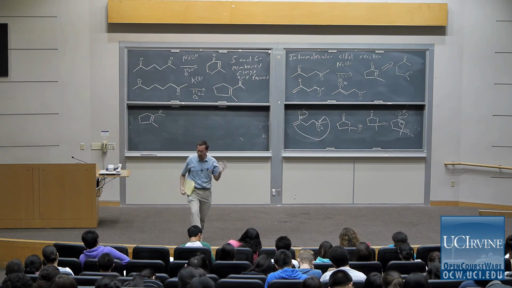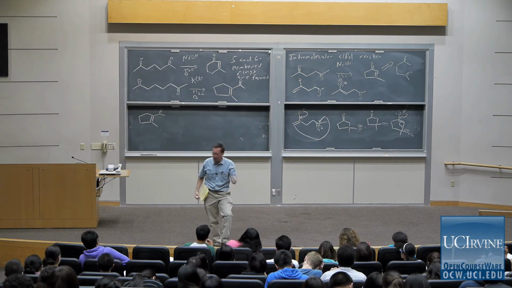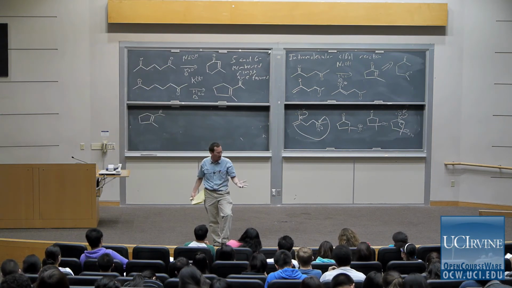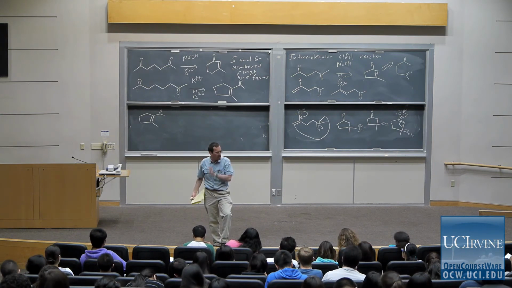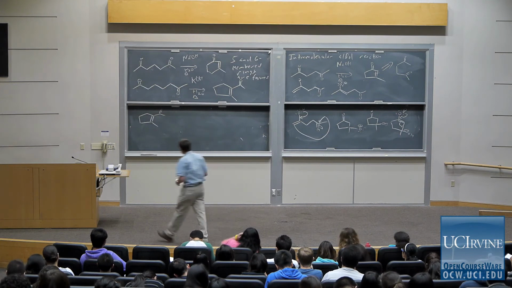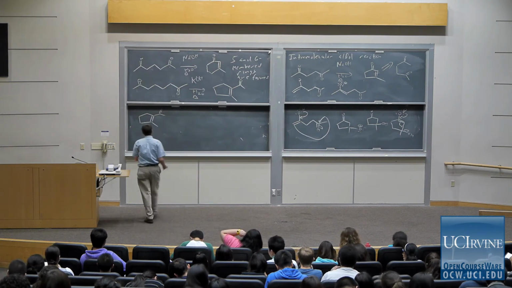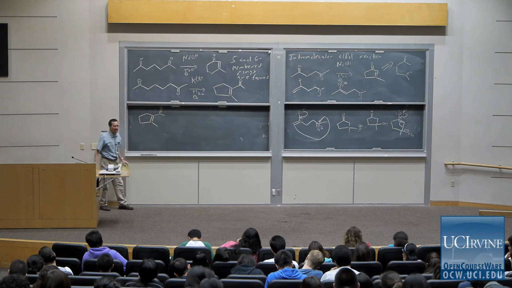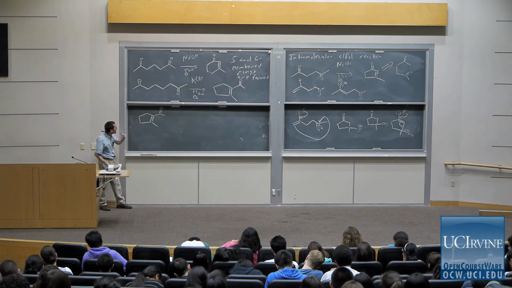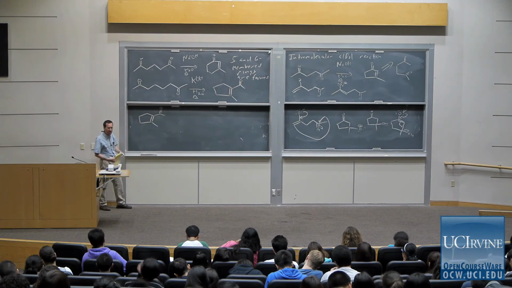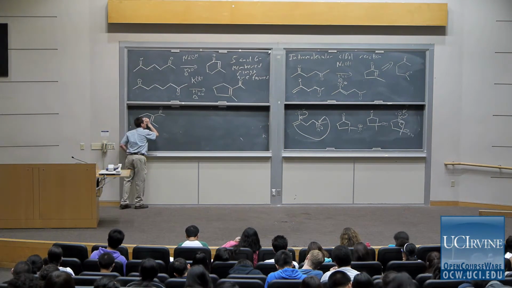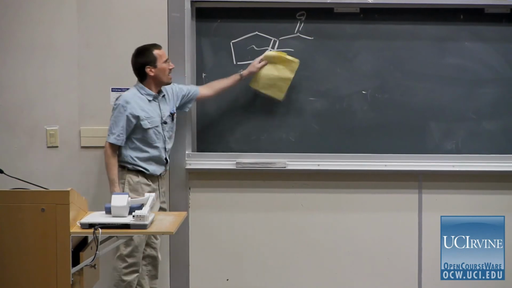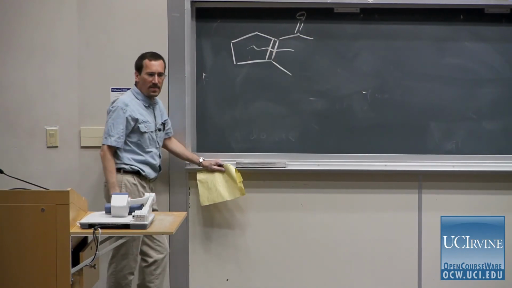And then I get this problem on a test or an exam or a quiz or a homework, and I look at it, and how do you see it in the other direction? So in other words, if you're asked how to synthesize this molecule from something that's less complicated, that doesn't have a ring, you say, oh, wait a second, it's an alpha-beta unsaturated carbonyl. I bet it could come from a dicarbonyl compound.